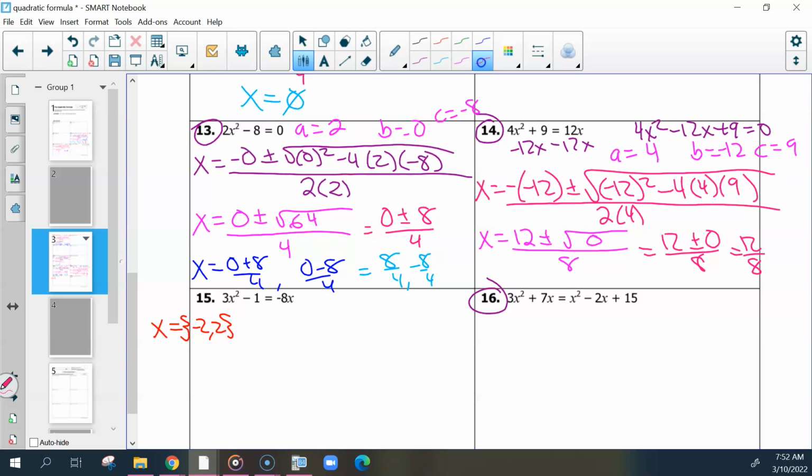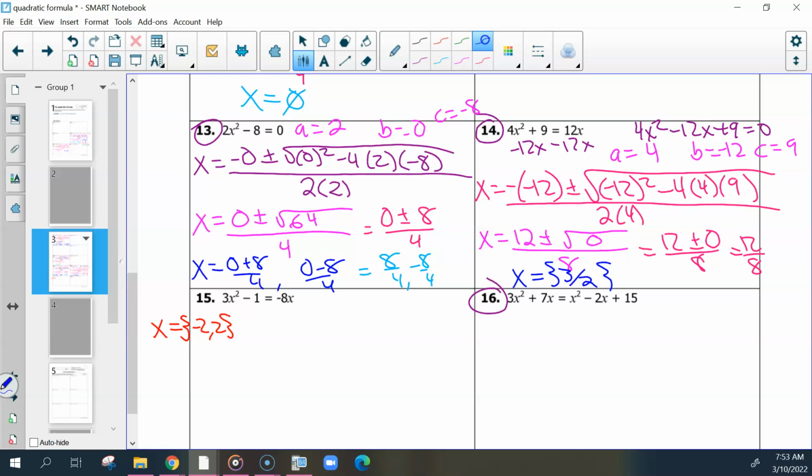And we can simplify this to what? 3 over 2. So if your inside, or your discriminant, cancels, it becomes 0.